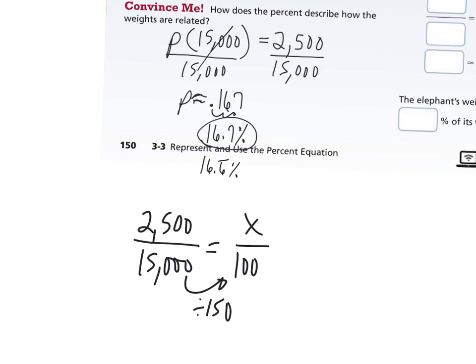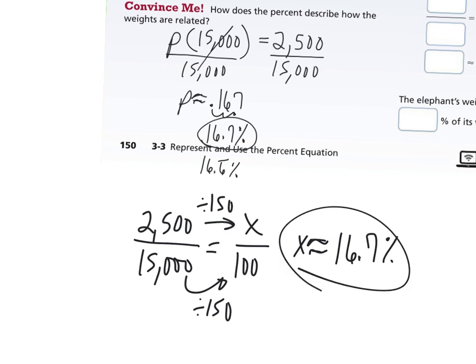So if you divide by 150, you would get the same answer. The difference with doing the proportion is you are going to get about 16.7%, you would actually get 16.7. This other way, with doing the percent equation, since we're finding the percent, we actually have to move the decimal over and change it from a decimal to a percent.